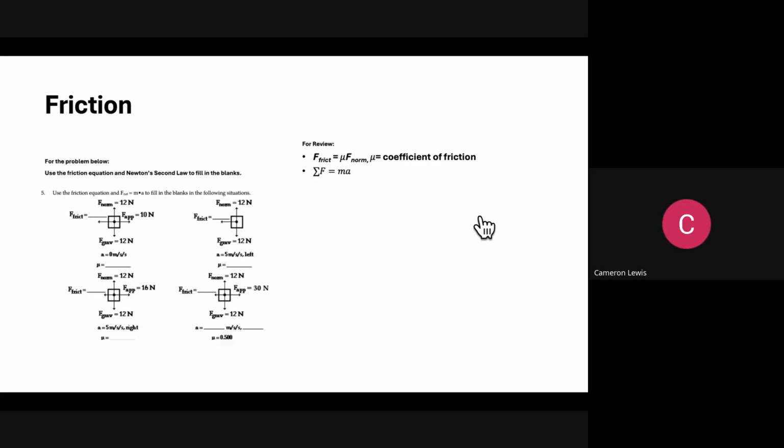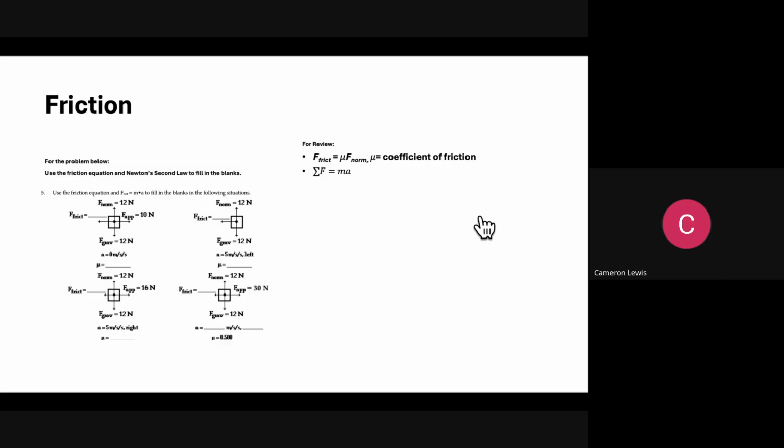1.22. Now that we know the mass, can we now find the acceleration? Yes, because we know our net force is 24. How did you find 24? You did 30, which is the applied force, minus 6, which is the frictional force, and you got 24.